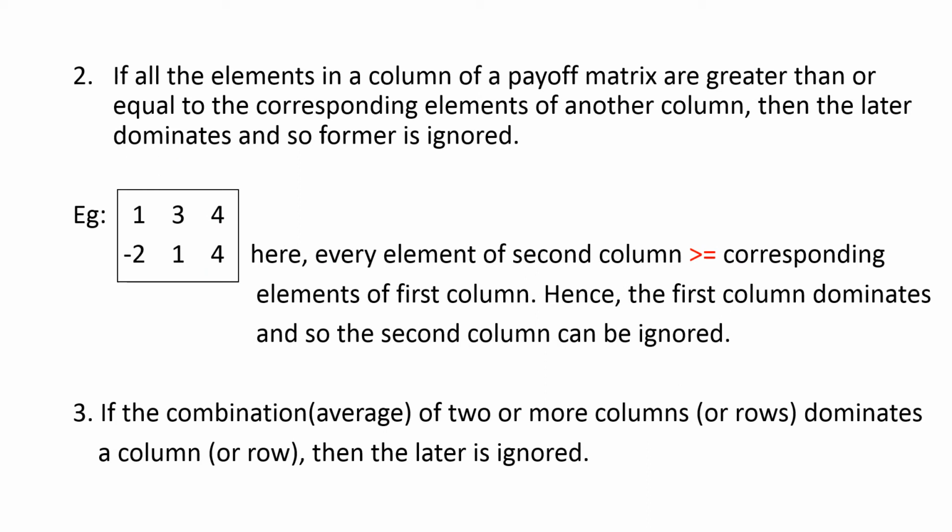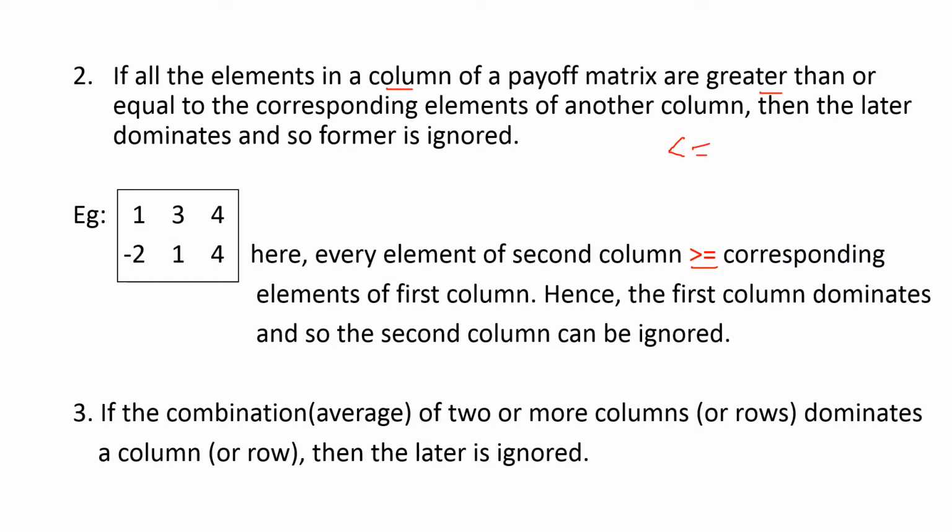If all the elements in a column of a payoff matrix are greater than or equal to the corresponding elements of another column, then the latter dominates and so the former is ignored. For column we are going for greater than or equal to, and for row we were going for less than or equal to.